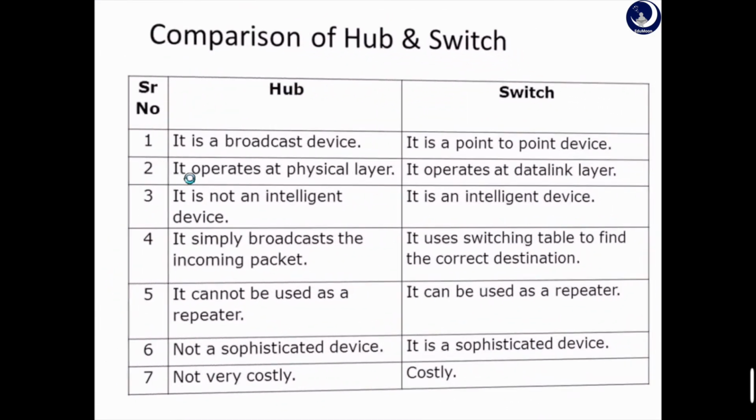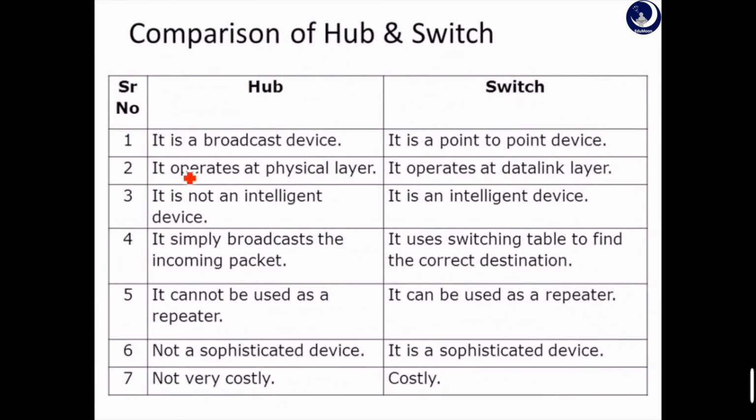Now let's see the differences between the two. A hub communicates with the devices by broadcasting, whereas a switch is a point-to-point connection. A hub operates in the physical layer, whereas a switch operates in the data link layer. A hub is not an intelligent device, whereas a switch is. How can you say that?